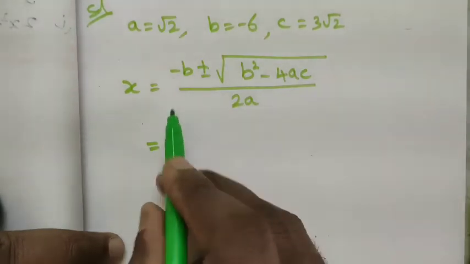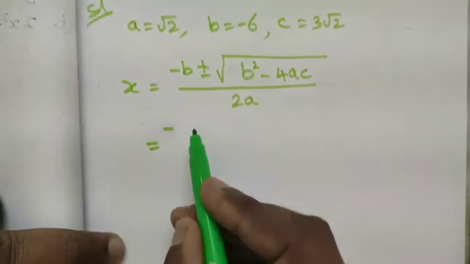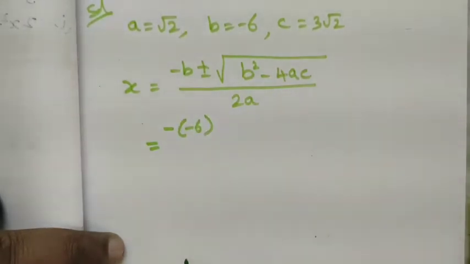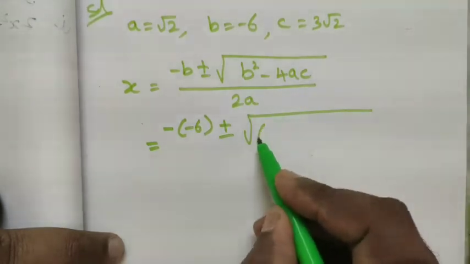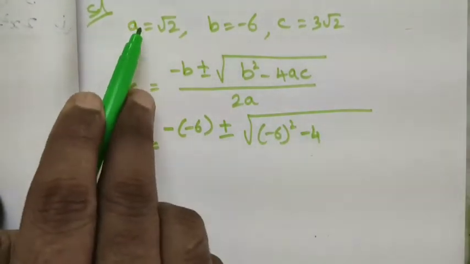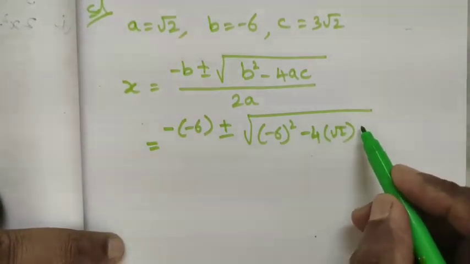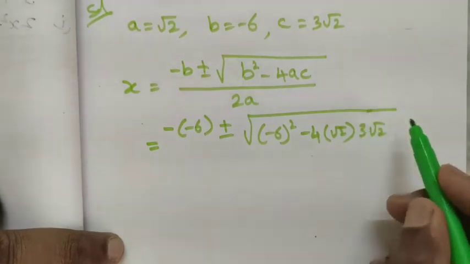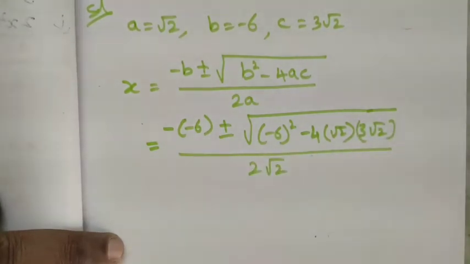In the formula we have minus, and in the place of b we have −6, so use brackets: −(−6) ± √((−6)² − 4 into √2 into 3√2), all divided by 2 into √2, right?